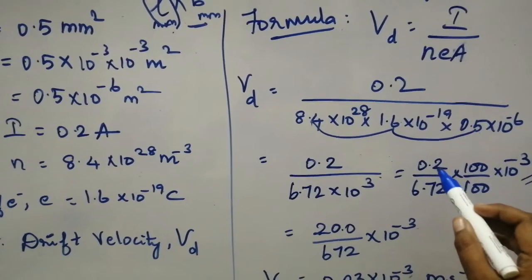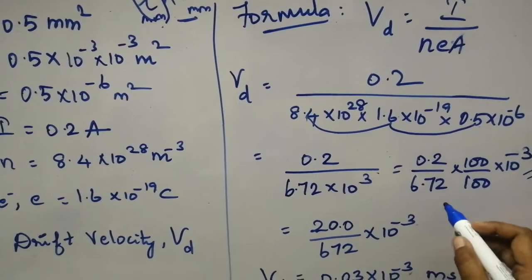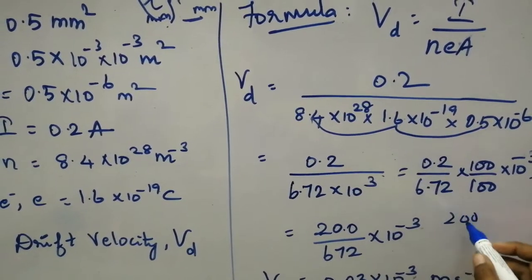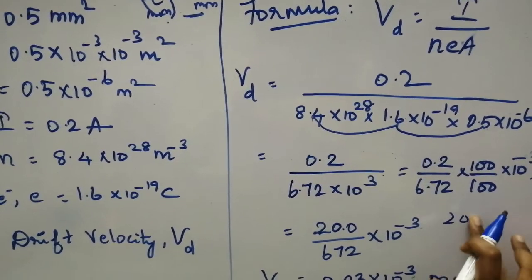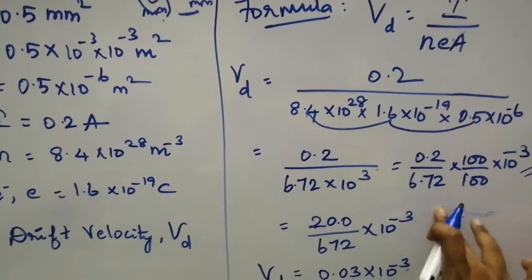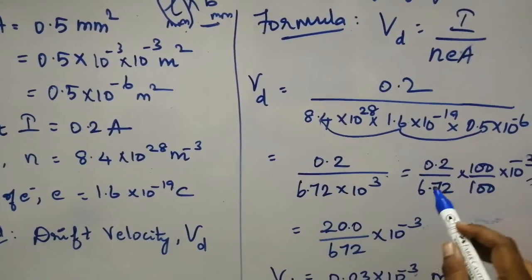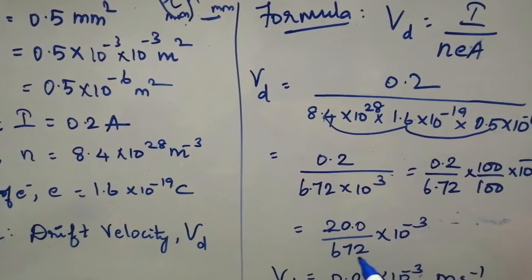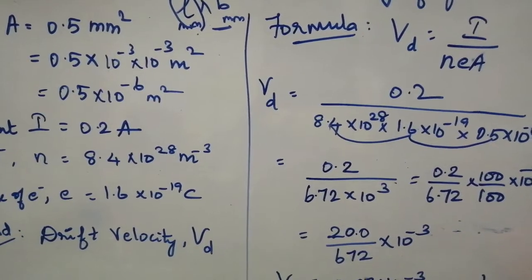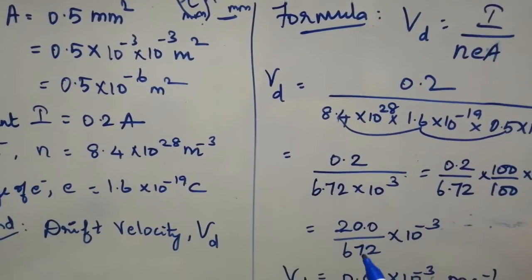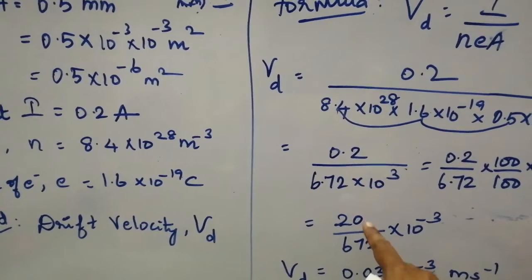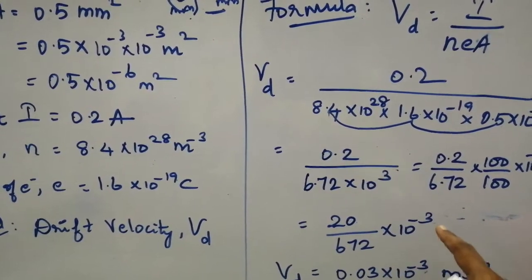If you do that, 0.2 into 100 is 20.0, simply 20, right? So it is 20 divided by, if you multiply this, you will be removing the decimal, 672 into this 10 to the power minus 3 as such. So it is 20 divided by 672 into 10 to the power minus 3.